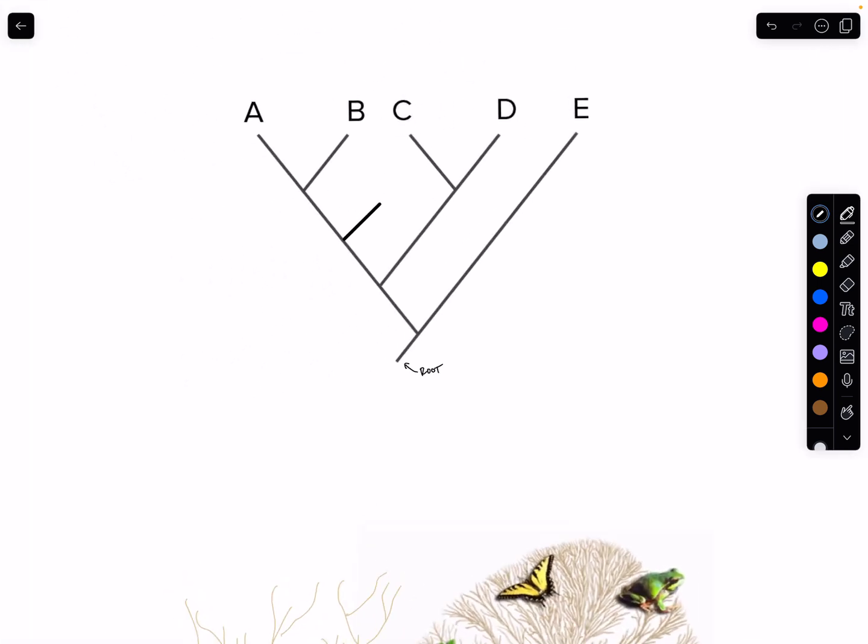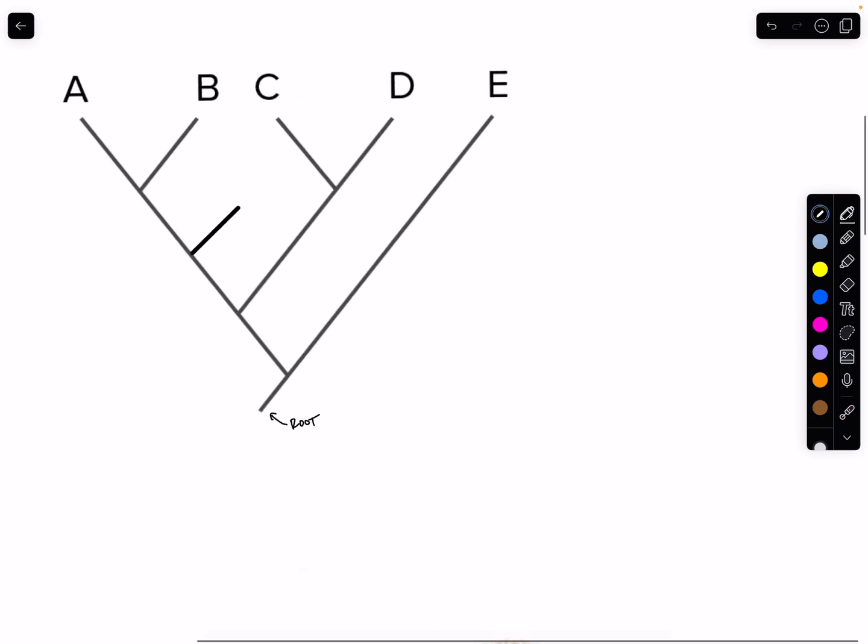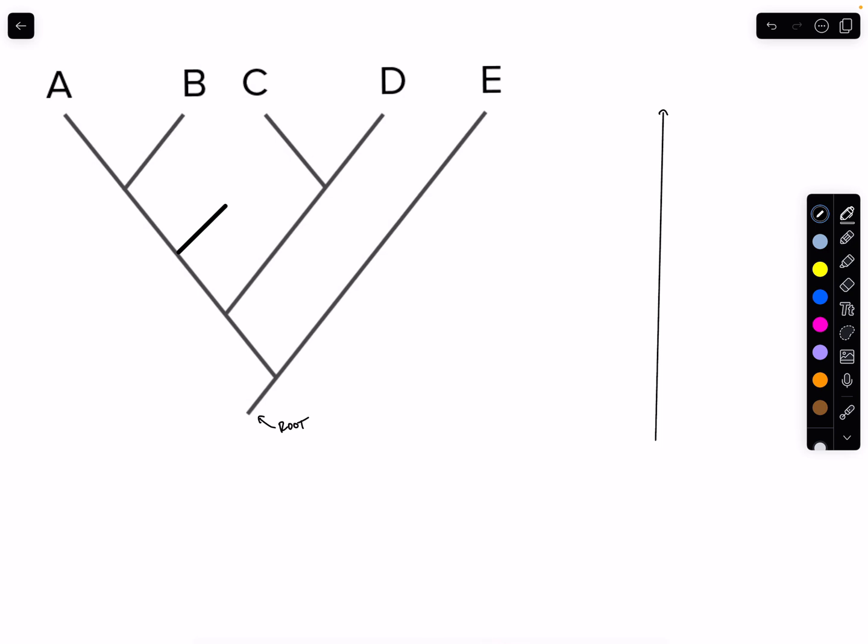Now, a tree you read starting from the root and then radiating up and out. And it's not really a traditional graph, but moving from the root up, this axis would be time.